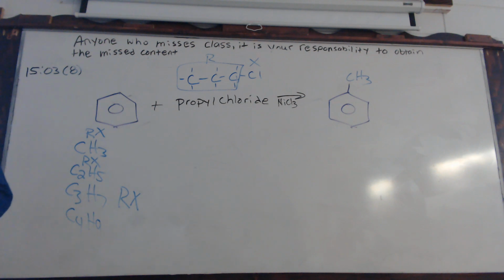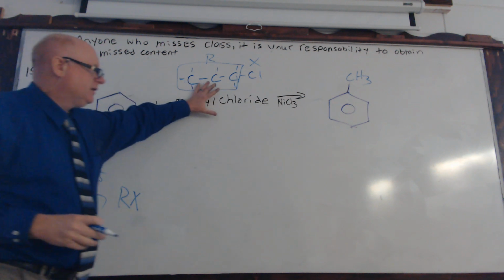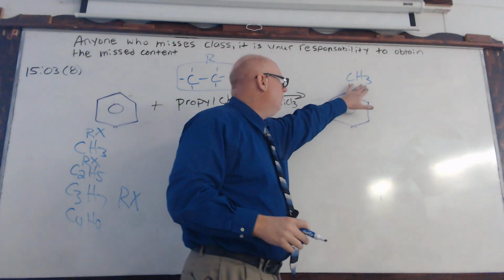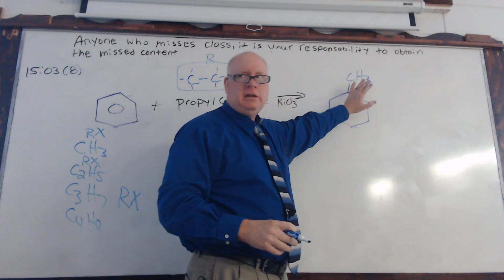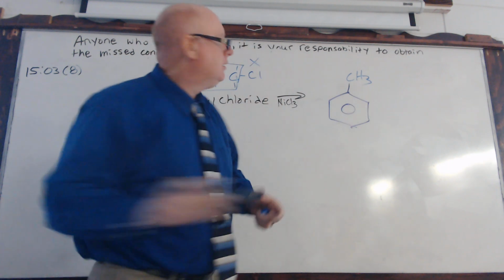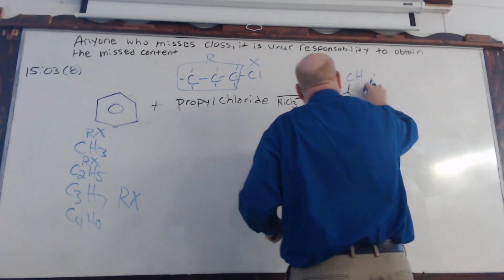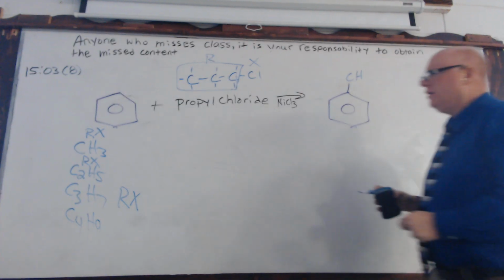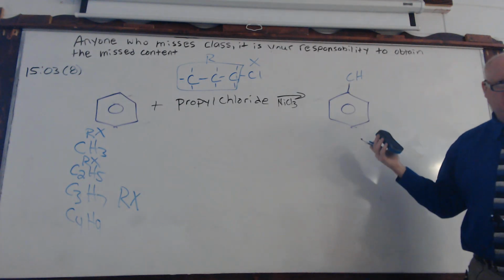So then, according to this, we don't make toluene, or excuse me, I better erase that. Does it say that R is going to attach to the ring, according to your chart?